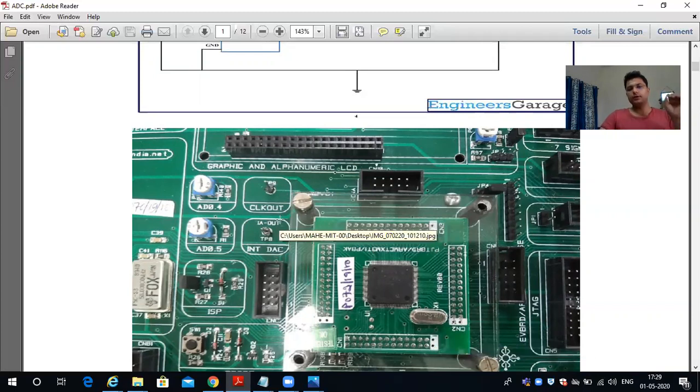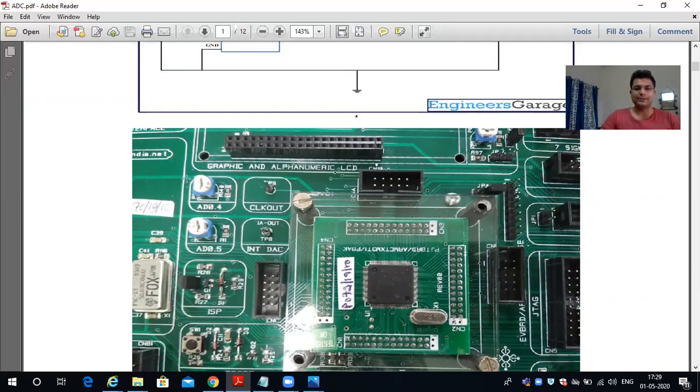Whatever we feed in will get converted to digital output and fed into our LPC1768, and later on we can display it over a 7 segment display, over an LCD, or use that converted digital output in whatever way we want.